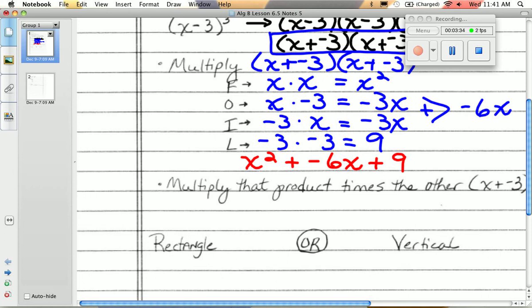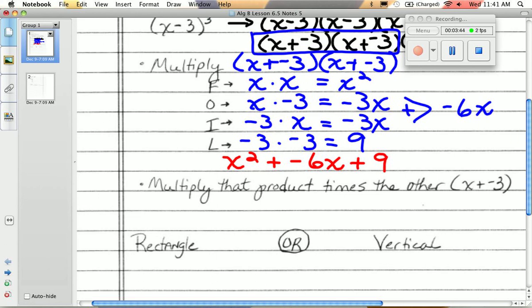And we're not going to clean that up because we're not done. So no need to clean it up and then I have to undo it again to work with it. Wouldn't it? And then you take it times that last. So now that's our polynomial product for the first two binomials. So we're going to bring that down here, put it in parentheses.